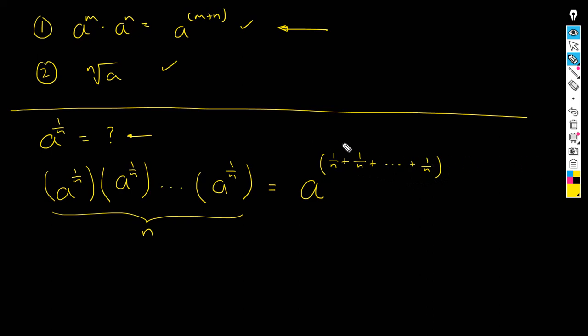How many times? n times. n fractions all equal to 1 over n. I'm going to give you some seconds in order to understand why this is true according to this first law.